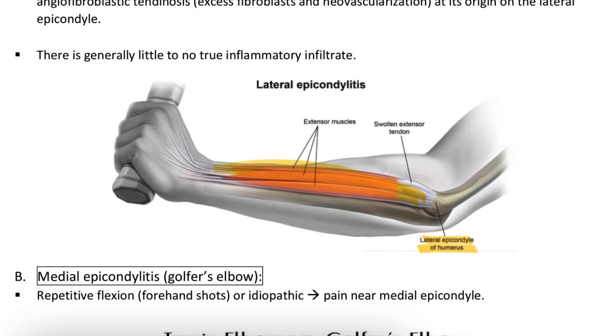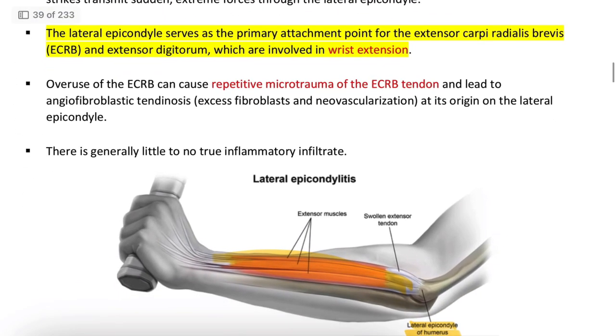It is more about degeneration than inflammation. Casual tennis players using lots of backhand strokes are at risk because the force travels through the lateral epicondyle. There is generally little to no true inflammatory infiltrate.